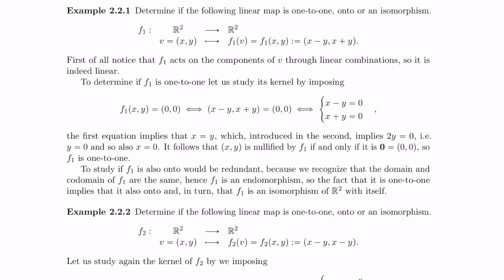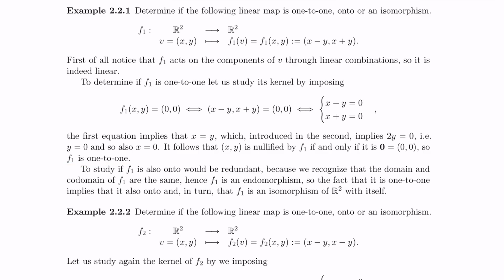For this reason, we have that a vector of R2 written in the generic form x and y is nullified by F1 if and only if this vector is the null vector. For this reason, the kernel of F1 is reduced only to the null vector, and so F1 is 1 to 1.